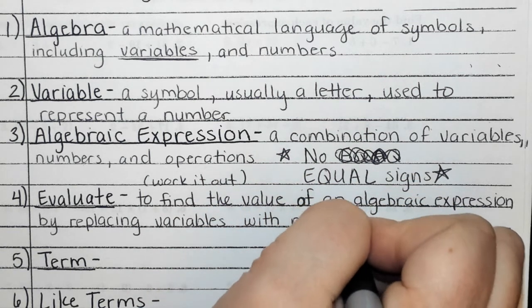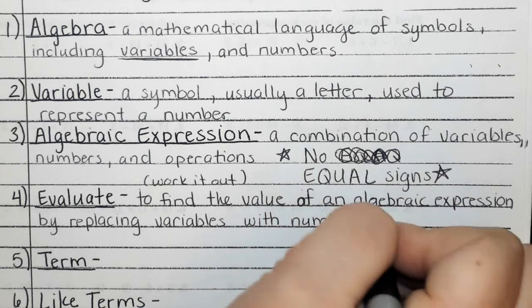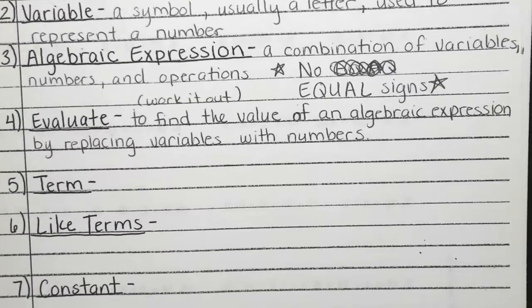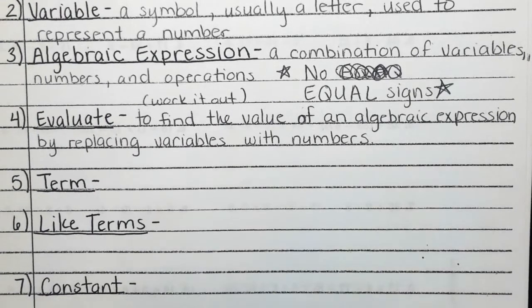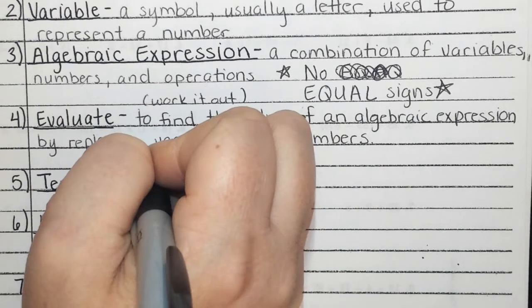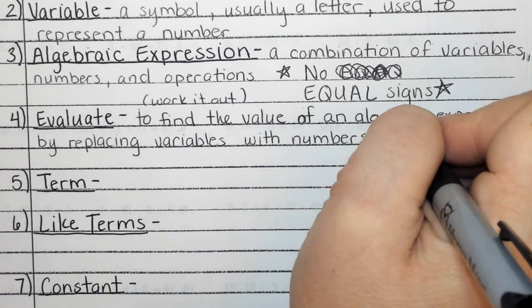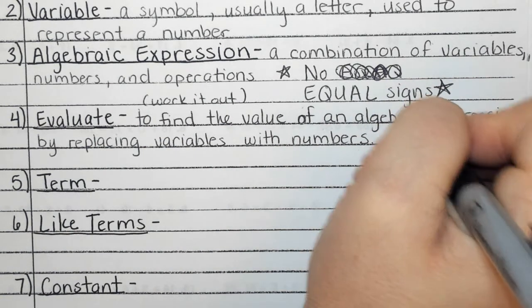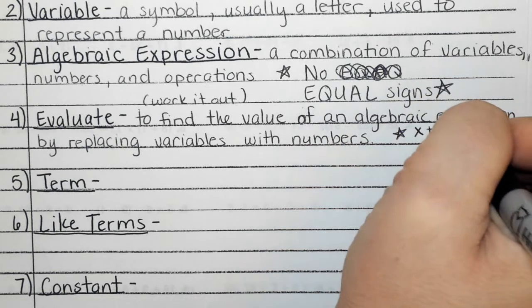I can't do math with letters. I need them to be numbers. Okay, so I'm going to give you an example of an algebraic expression. Put a little star here. Here's an example. I want us to do x plus 5.